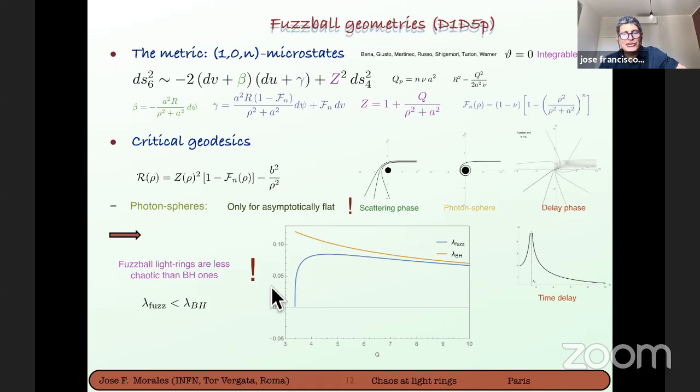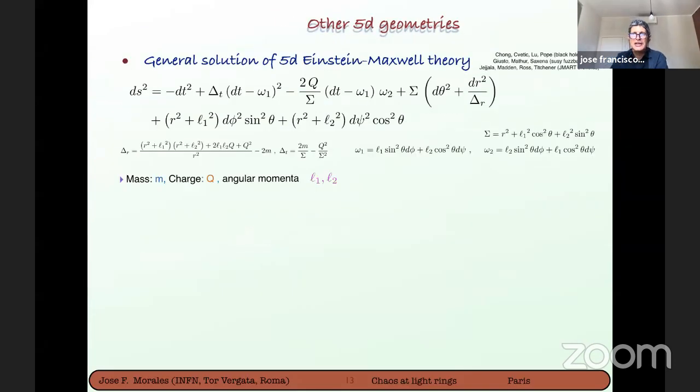Okay, you see, this is a nice point that even for an extremal solution, you have a well-defined light ring, and then you can compute scattering. Nothing special happens in the extremal case. I will come now to non-extremal geometries in this last part of the talk. This is an ongoing project.